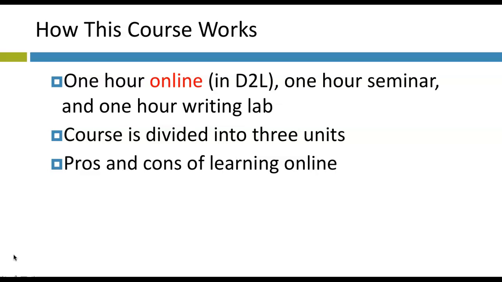The lab session may also take different forms depending on the week, but your instructor will let you know. Overall, the course is divided into 3 units. Each unit is centered around a major writing assignment.